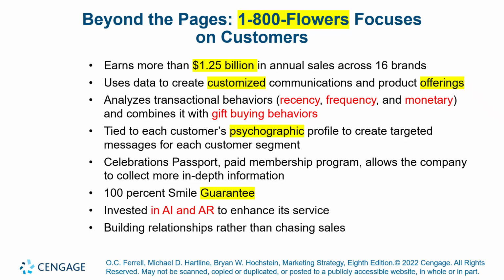Do you buy the cheap one or the expensive one or the middle one? Medium one. And they combine the transactional behaviors with gift buying behaviors. Do you buy these for yourself, for your significant others, or for others, for your client, for business, etc.